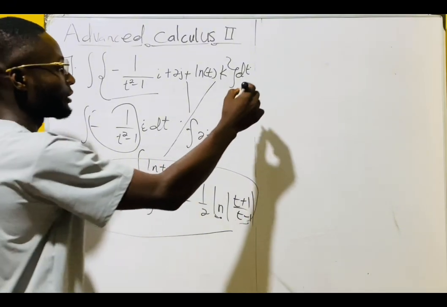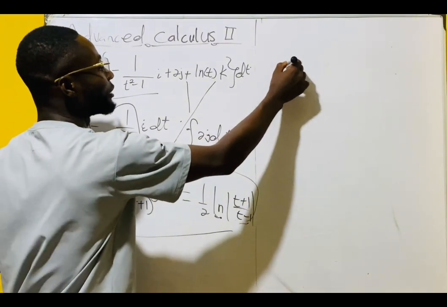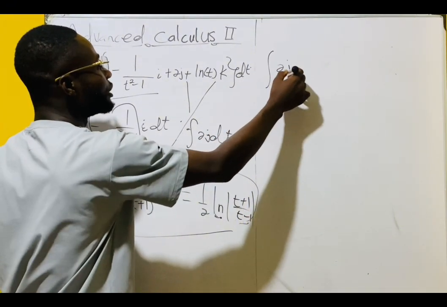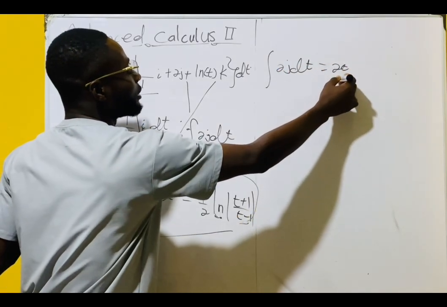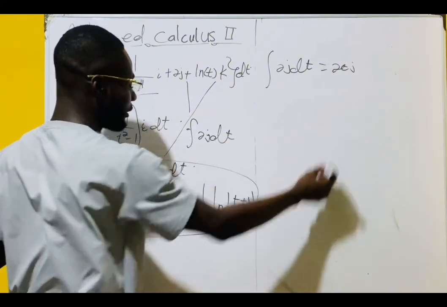And the j component, when you integrate 2j dt, you're going to have 2t j.